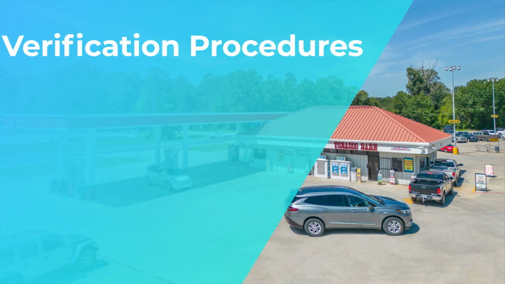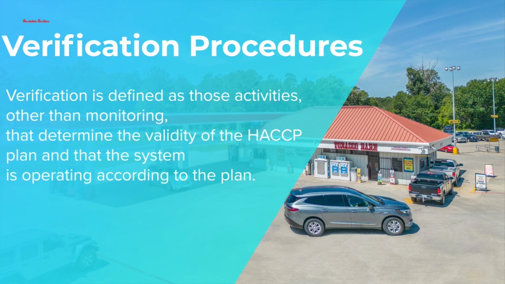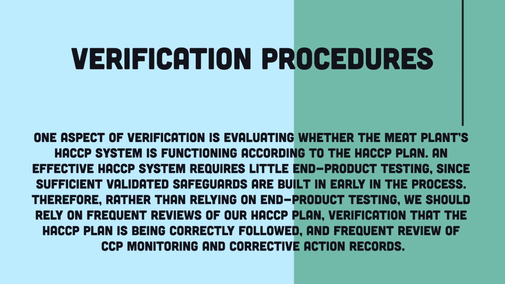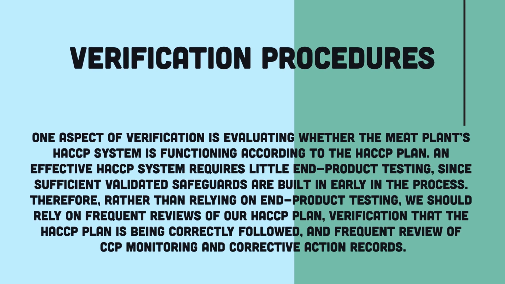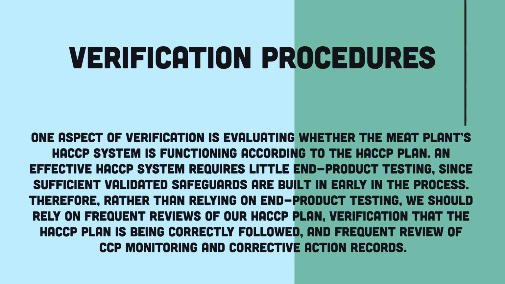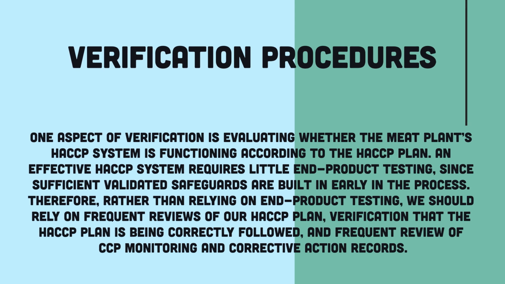Verification is defined as those activities other than monitoring that determine the validity of the HACCP plan and that the system is operating according to that plan. One aspect of verification is evaluating whether the meat plant's HACCP system is functioning according to the HACCP plan.